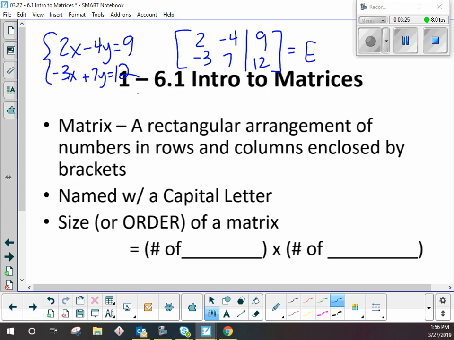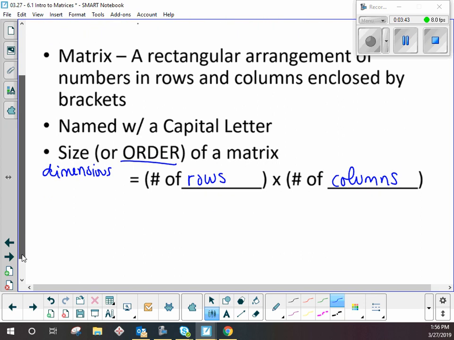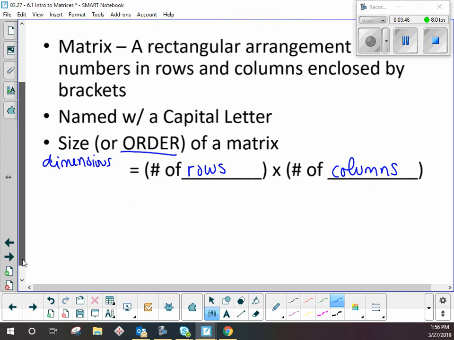So if I was looking at a matrix and I wanted to know the size, or dimensions, or order of a matrix, we always list the number of rows first and the number of columns second. And by the way, matrices help us solve systems more easily, which is why we have them.